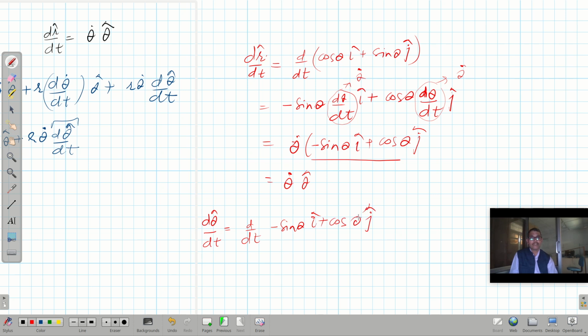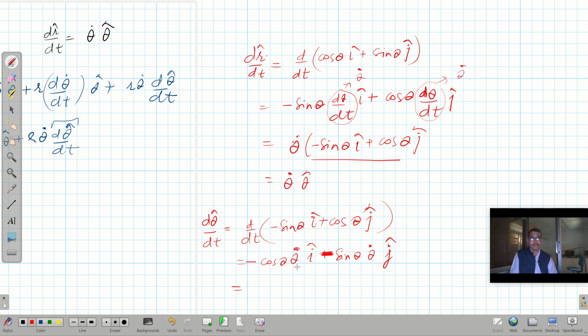The derivative is minus cos theta theta dot i cap, and the derivative of cos is minus sin theta theta dot j cap.